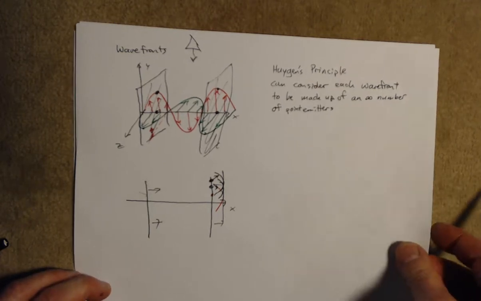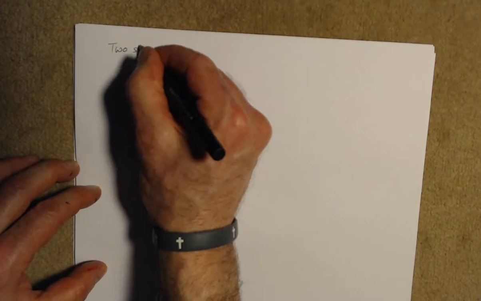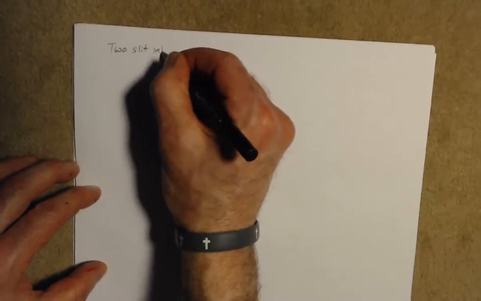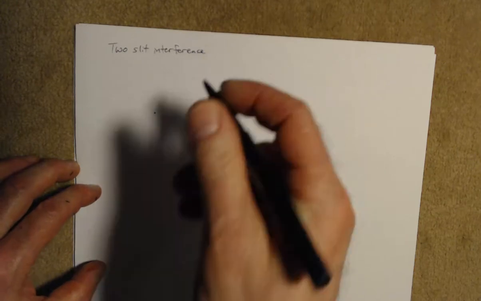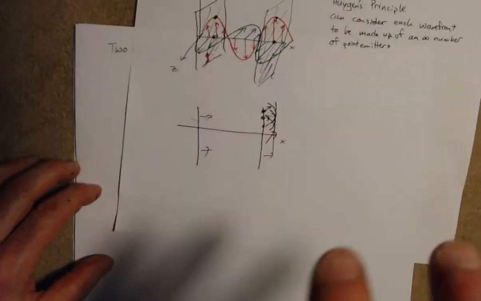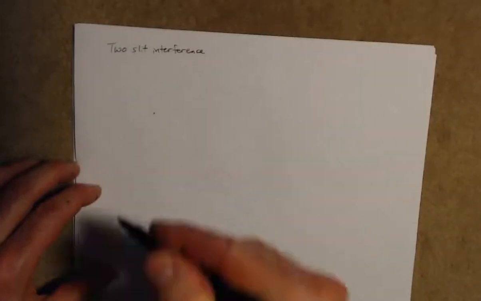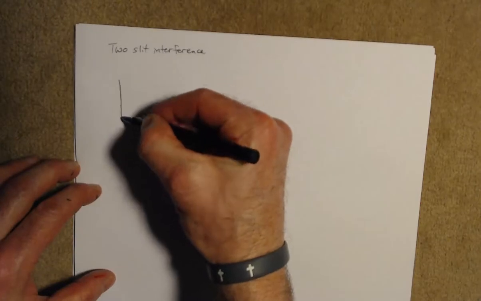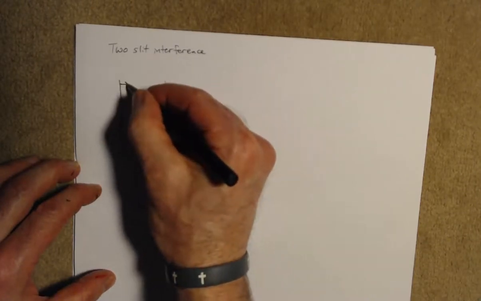So now let's combine these ideas to look at the experiment of two-slit interference, which was first conducted by Thomas Young in 1801. We're going to use the same viewpoint that we had here, where we're kind of looking down along the y-axis. And here are some wavefronts for a wave that's propagating to the right.